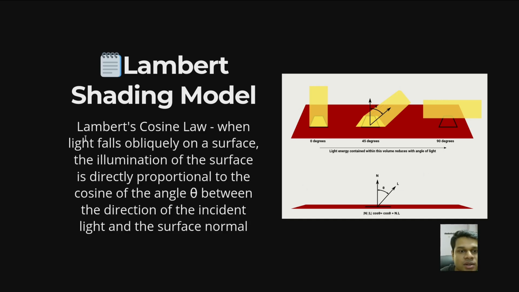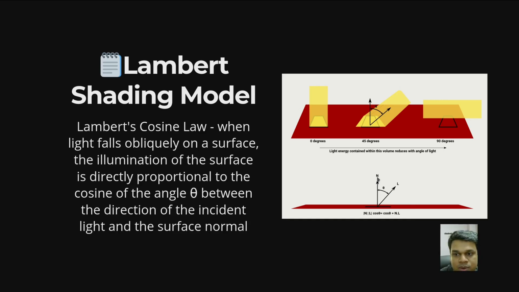So I'll just read out the cosine law for you. When the light falls obliquely on a surface, the illumination of the surface is directly proportional to the cosine of the angle theta between the direction of the incident light and the surface normal. In simple words, when light falls on a surface, you just have to calculate the angle between the normal of the surface and the light falling, we call it theta over here, as you can see in the diagram below.